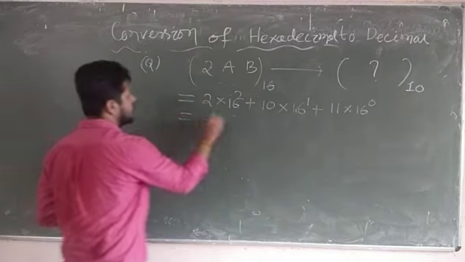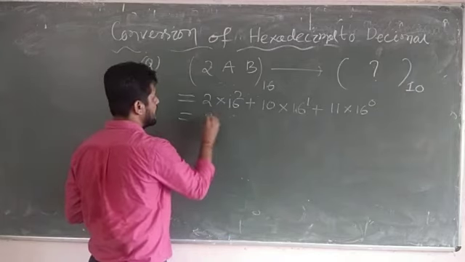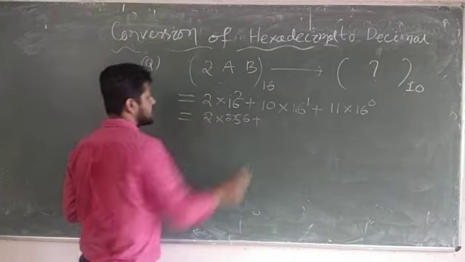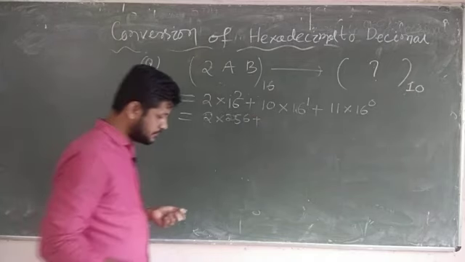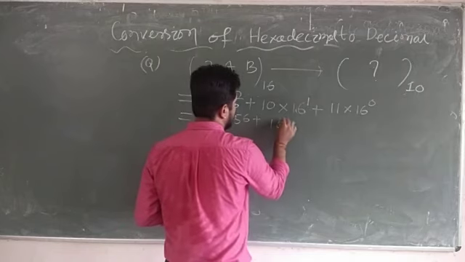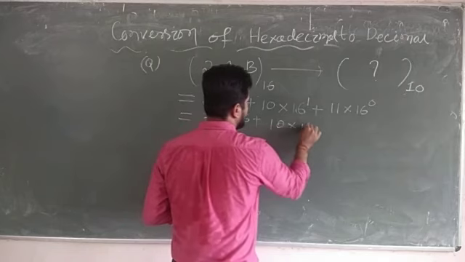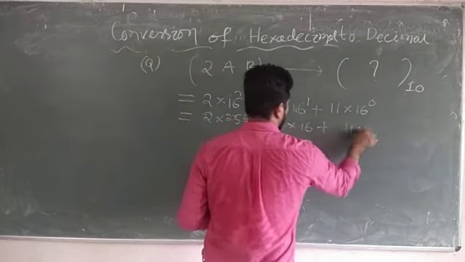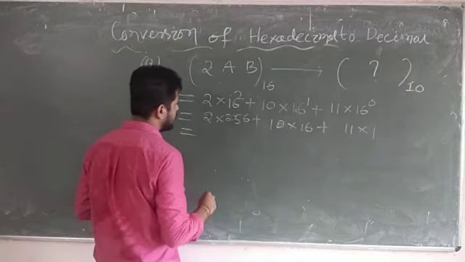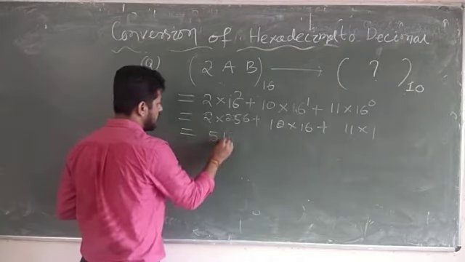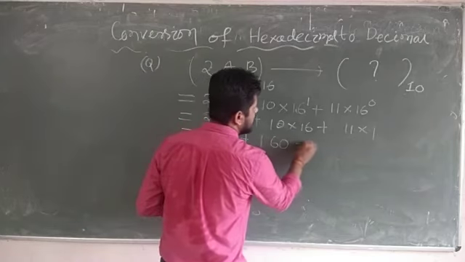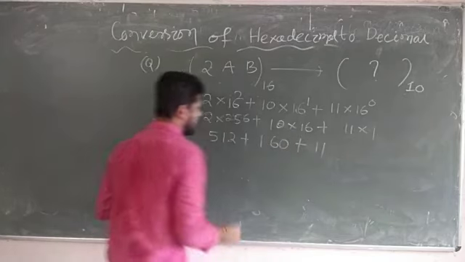So how to write this number? So 2 into 256 plus 10 into 16 plus 11 into 1. So this 256 into 2, that is 512 plus 160 plus 11.